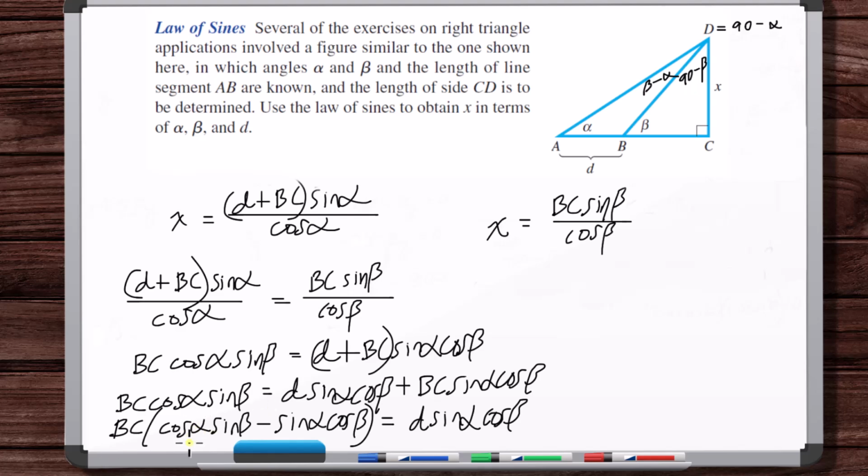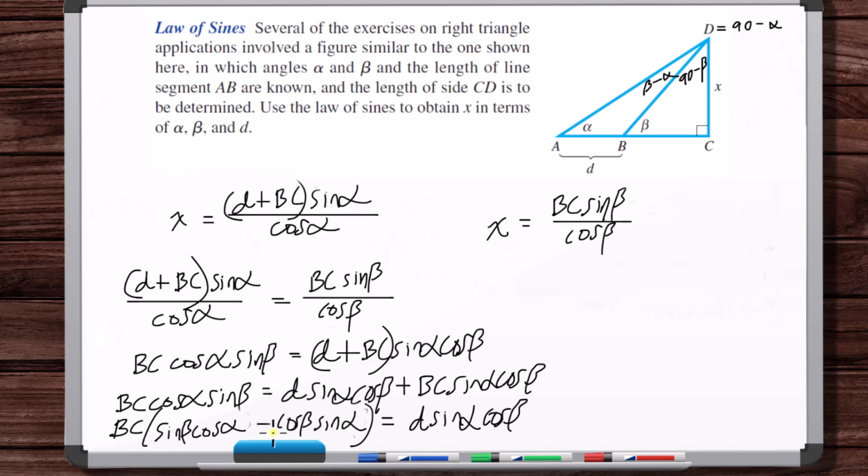We can write this as sine beta cosine alpha, and then we want to put this as cosine beta sine alpha, and then we can see how the forms match up. That gives us sine of beta minus alpha.